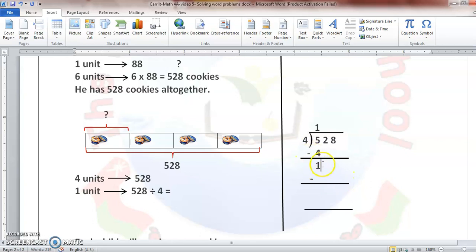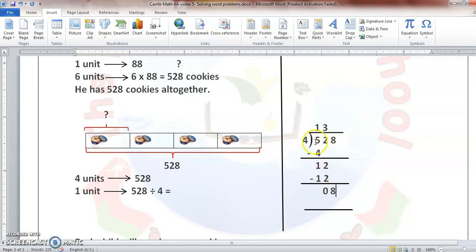1 divided by 4 cannot be, so bring down 2, making 12. 12 divided by 4, the answer is 3. Because 3 times 4 is 12. So let's subtract, 12 minus 12, the answer is 0. 0 divided by 4 cannot be, so we bring down 8.